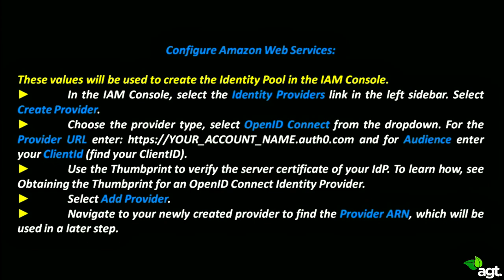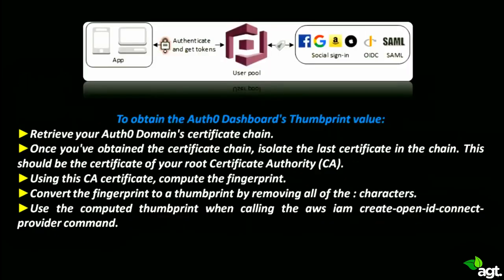To learn how, check out obtaining the thumbprint for an OpenID Connect identity provider on the website. Then select Add Provider and navigate to your newly created provider to find the provider ARN, which will be used in a later step. It's not necessary to set up an IAM role after creating the identity provider. If you don't have one already, Cognito will create a default IAM role in the next step.